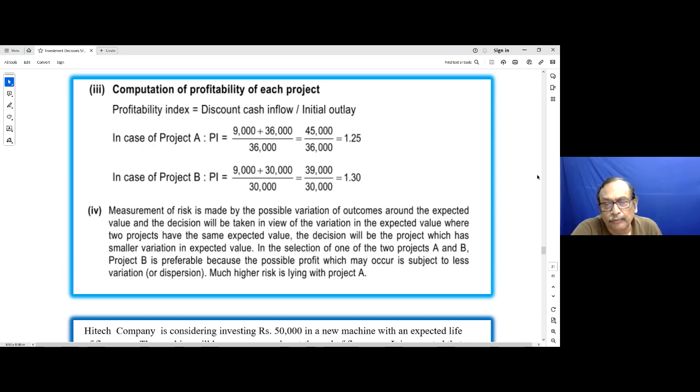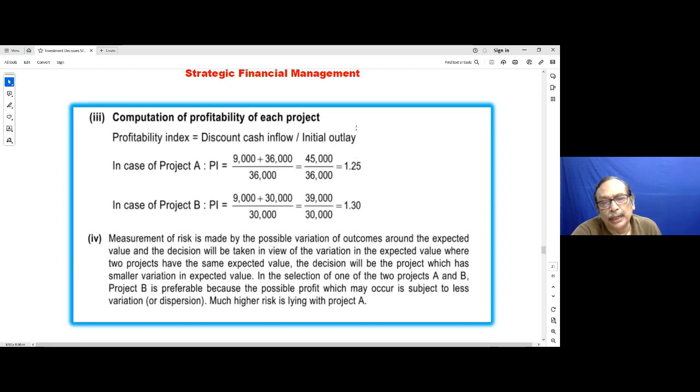In the selection of one of the two projects, A and B, project B is preferable because the possible profit which may occur is subject to less variation or dispersion.